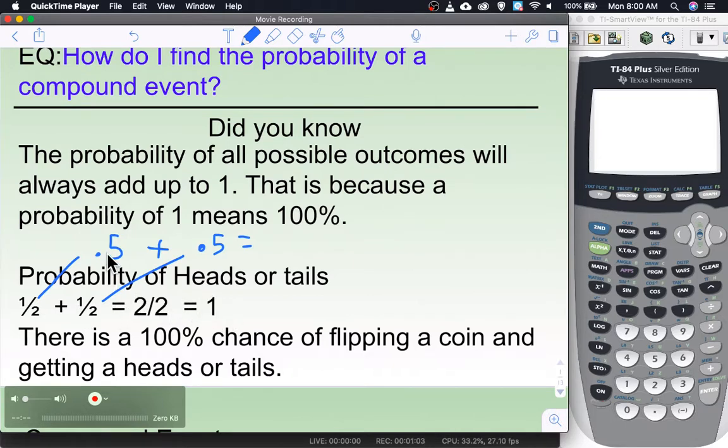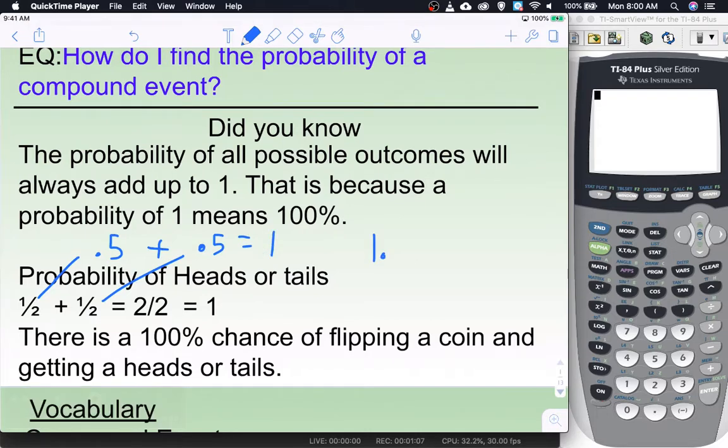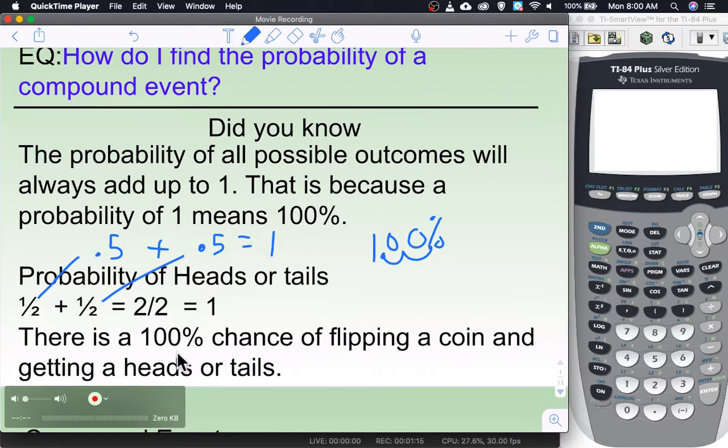As a decimal, 0.5 plus 0.5 is 1. And if you change that decimal into a percentage, and you move your decimal over 2 places, it gives you 100%. So there's a 100% chance of flipping a coin and getting heads or tails, which you already knew. But maybe you didn't know that if you add up all the possible outcomes, you always get 1 as a possibility.